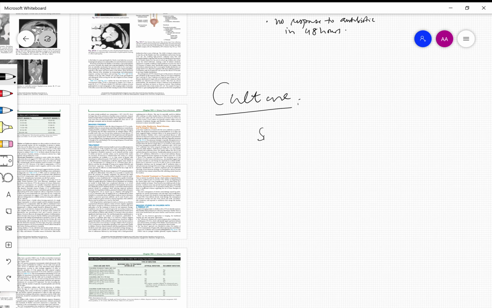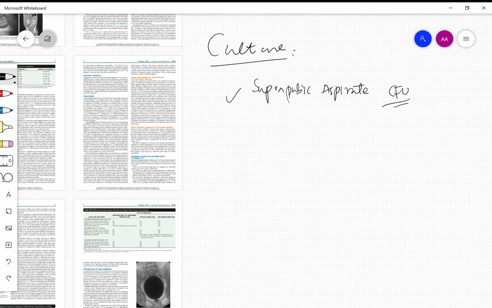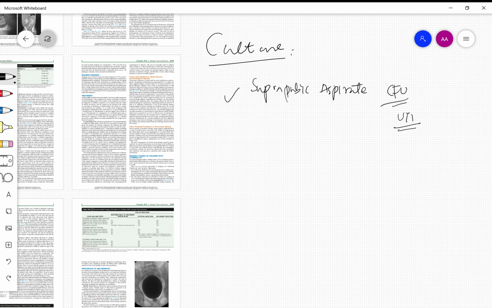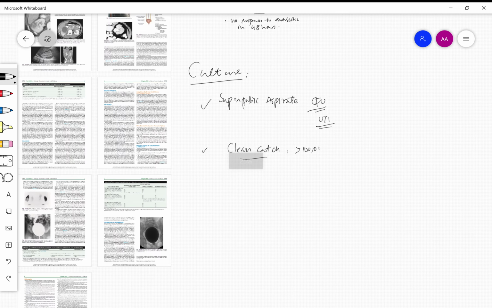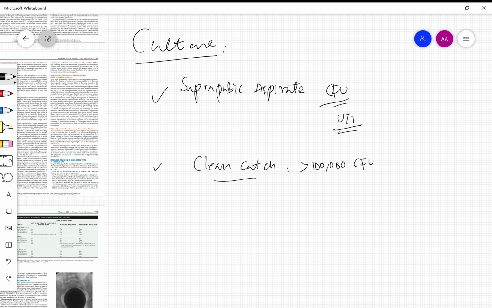For example, if it is a suprapubic aspirate, then any number of colony forming units will be significant, and we can call it culture-proven UTI. In a clean catch sample, greater than 100,000 CFU per ml, and in a catheterized sample, greater than 50,000 CFU per ml.